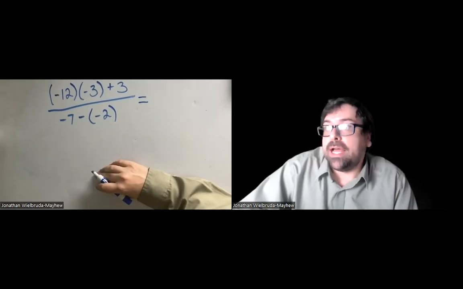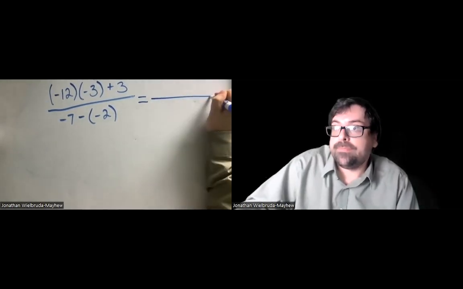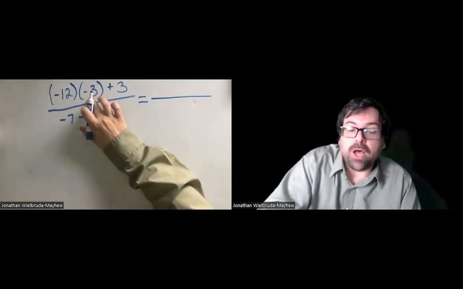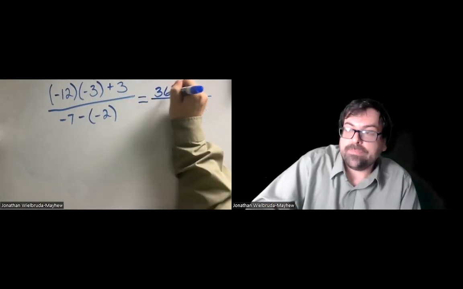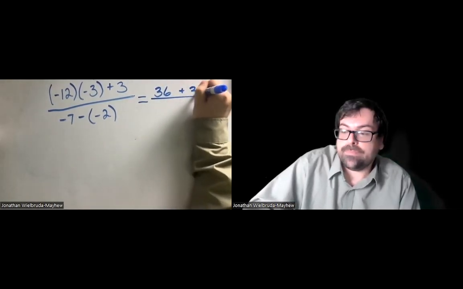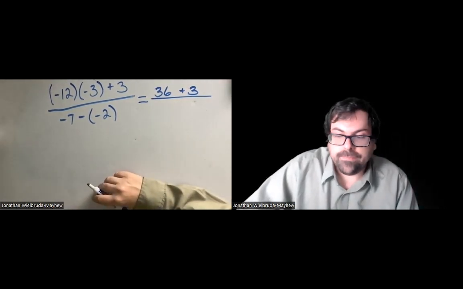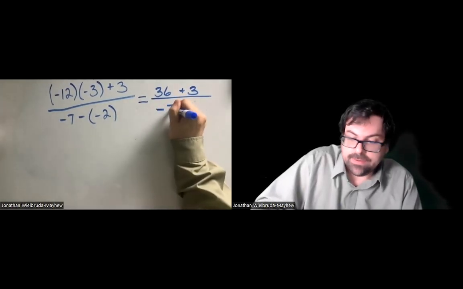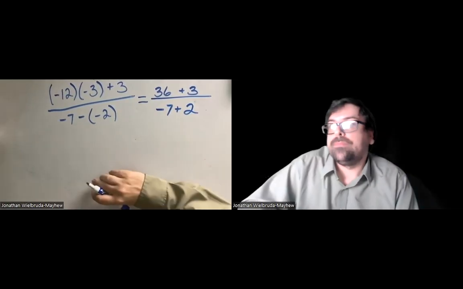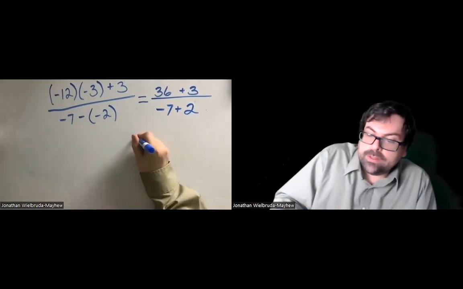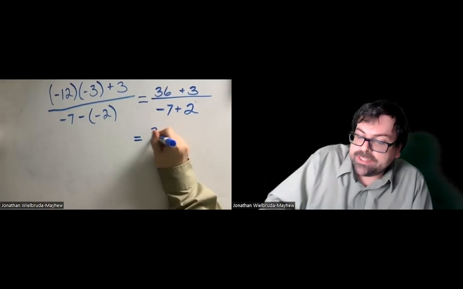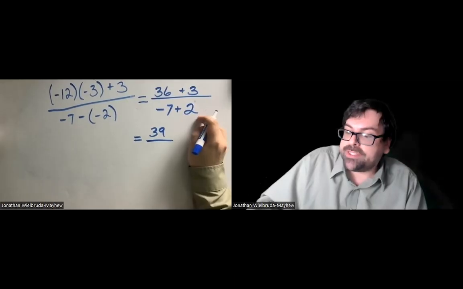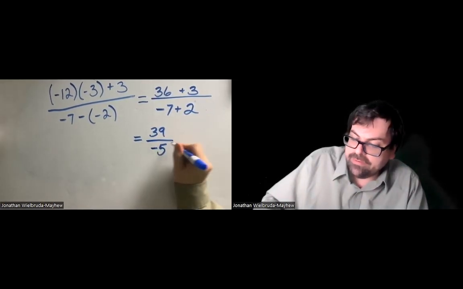On top, we would multiply first. -12 times -3 is positive 36. On the bottom, minus a negative turns into plus. -36 plus 3 is 39. -7 plus 2 is -5.